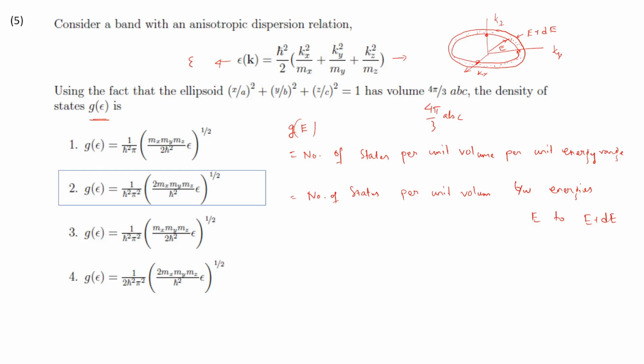That will give me the number of states. We have to multiply the number of k points by 2 for the spin, because there would be two spins, up and down. So we have to find the number of these dots, the number of these k points.